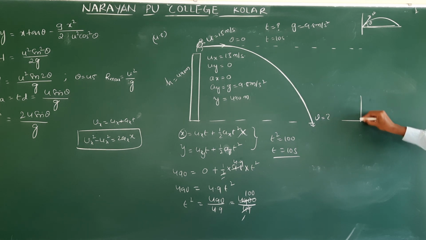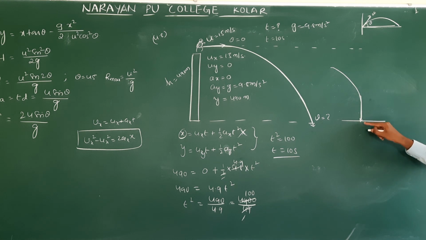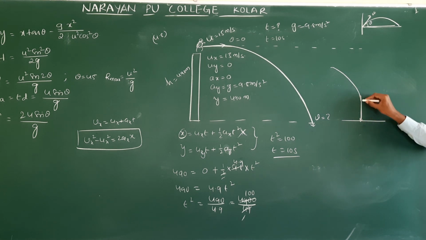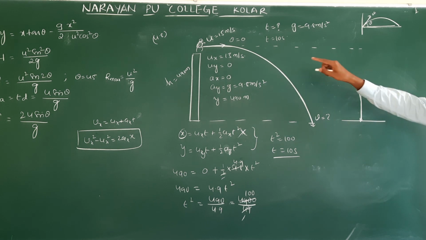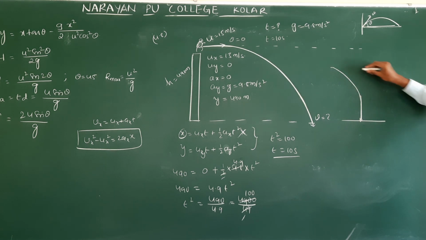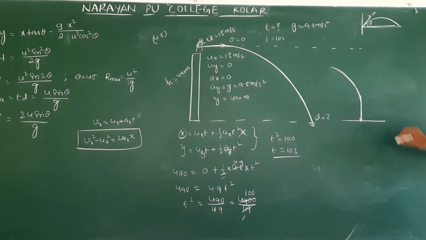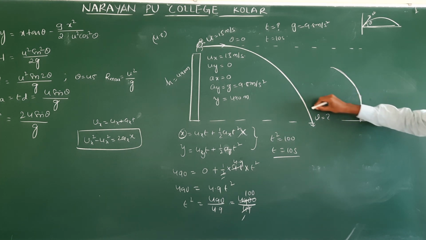Am I correct? If it hit like this, it would have only velocity along y direction. Understand? A horizontally thrown body will not fall like this. It is not hitting exactly vertically. It is hitting like this.